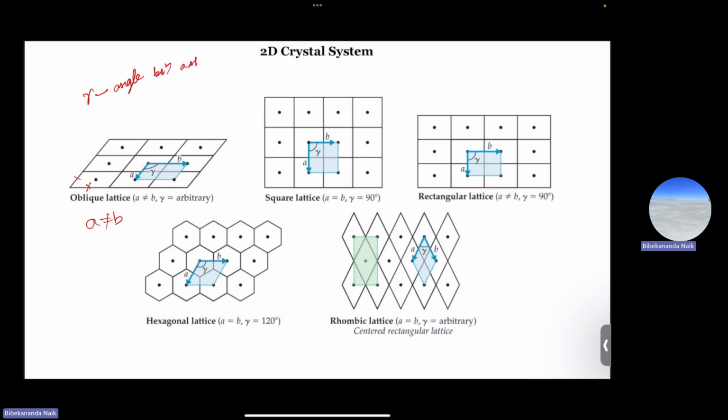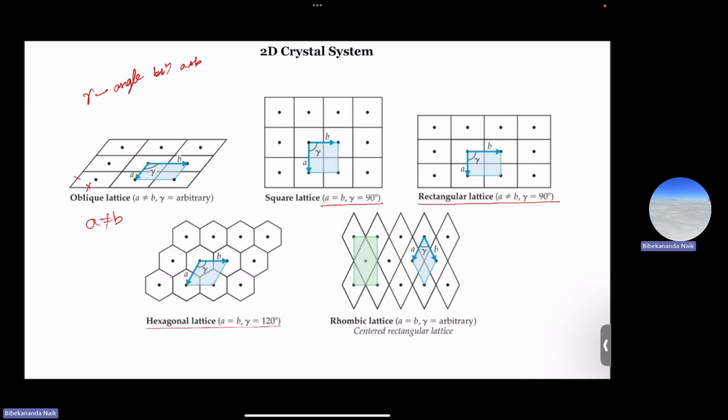And in case of square lattice, as you all know, A is equal to B and the angle is 90 degrees. And in case of rectangular lattice, A is not equal to B and the angle between A and B is 90 degrees. Again, there is another type of lattice which is called the hexagonal lattice. The unit cell of the hexagonal lattice is nothing but the rhombus.